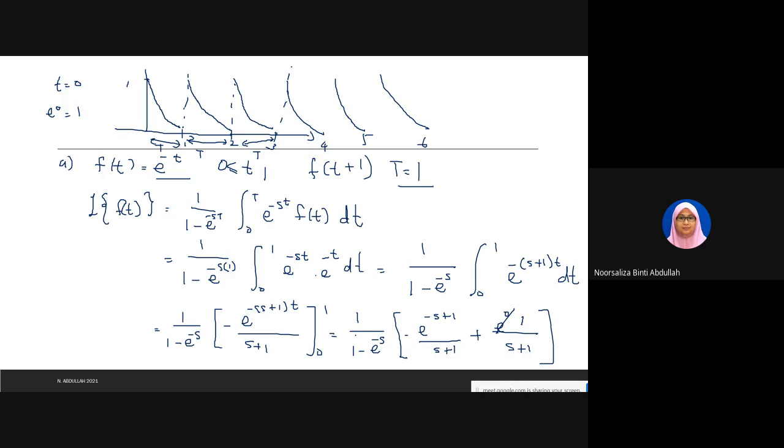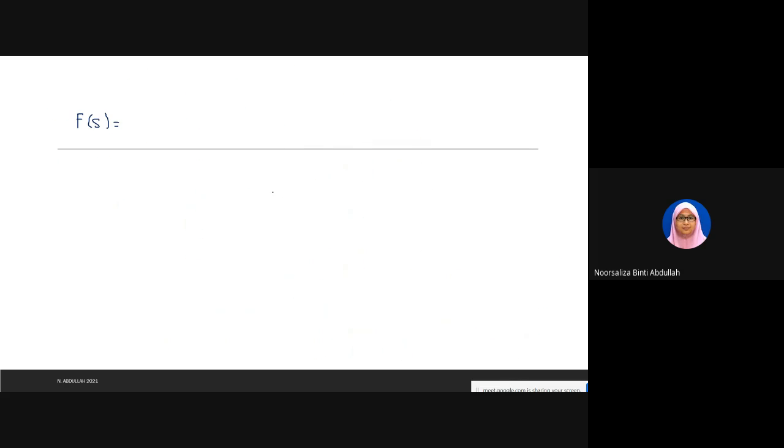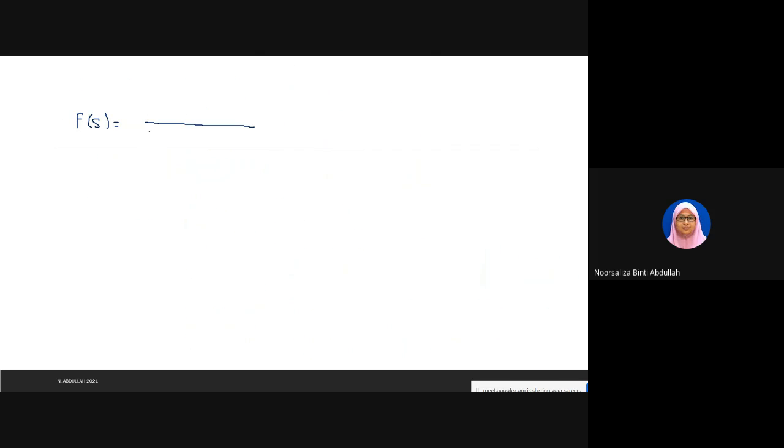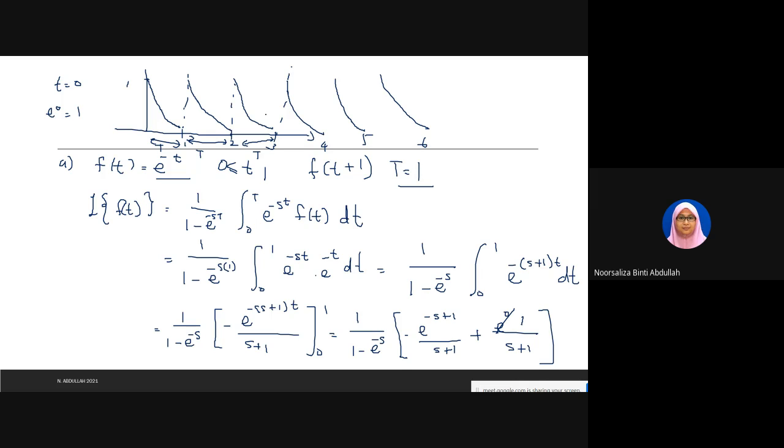So you have here, akan ada dekat bawah ni, 1 minus exponent minus s, 1 minus exponent minus s times with s plus 1. Okay, ini darab ni kan.